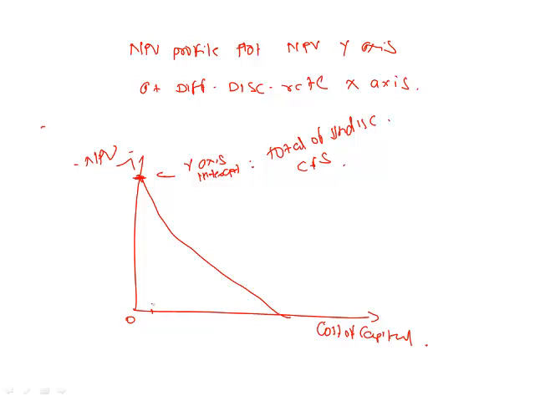As the discount rate increases, your NPV decreases, which makes sense. The x-axis intercept is the point where your NPV is 0; this is the IRR. That is the rate at which your NPV would be 0, and if the rate goes further, NPV would be negative. This is called the NPV profile. You can draw this and write down what the x-axis and y-axis intercepts are.